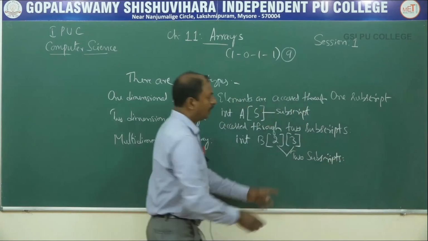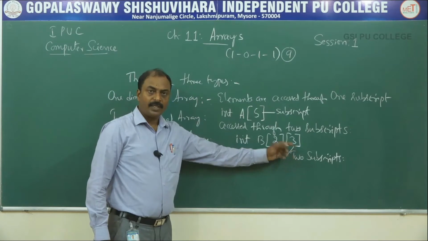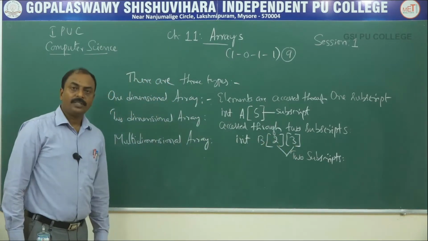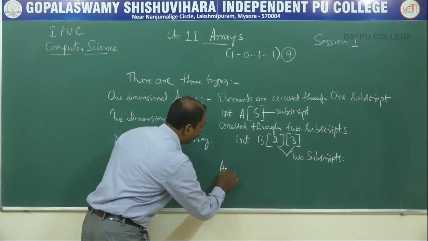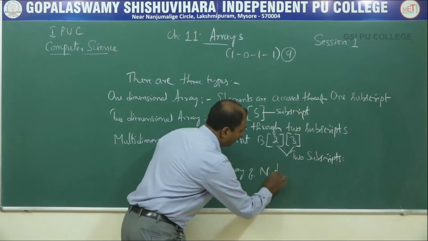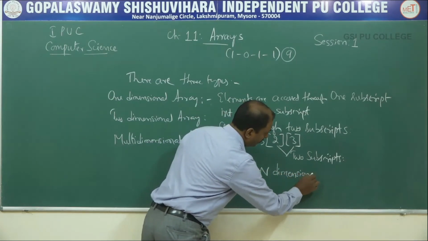Here there are 2 subscripts. It is referred to as a two-dimensional array. Next we see the multi-dimensional array. What is a multi-dimensional array? An array of n dimensions.